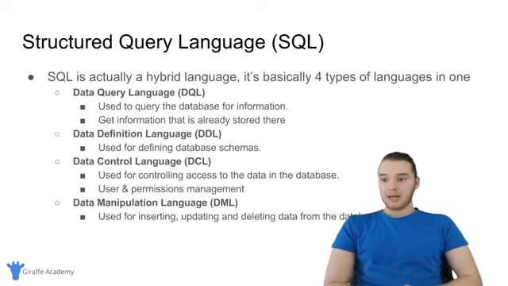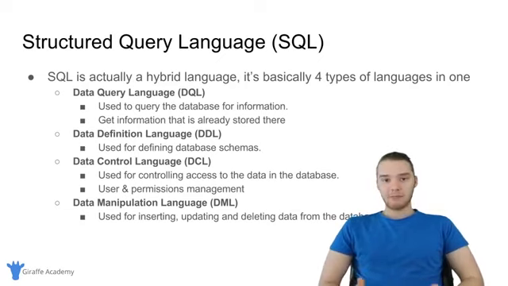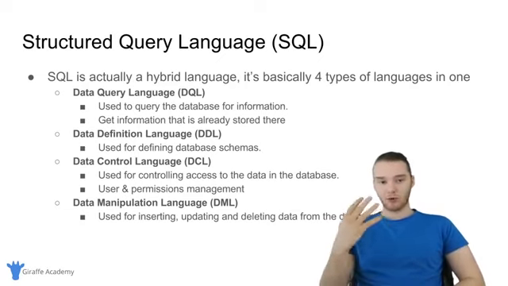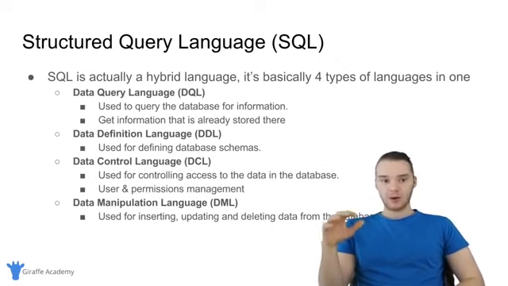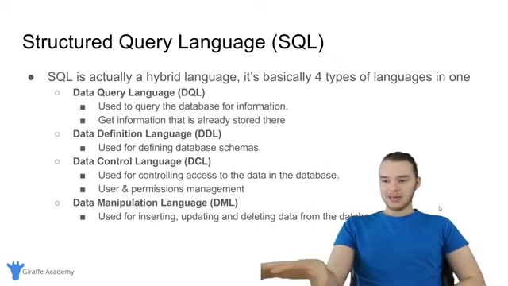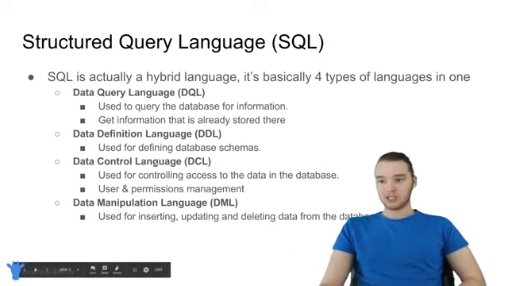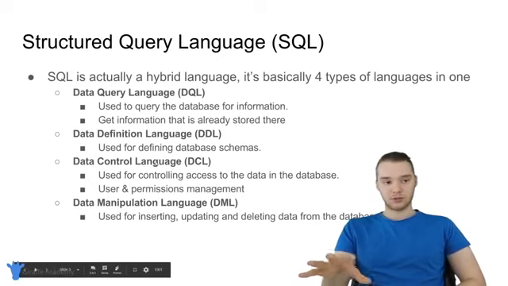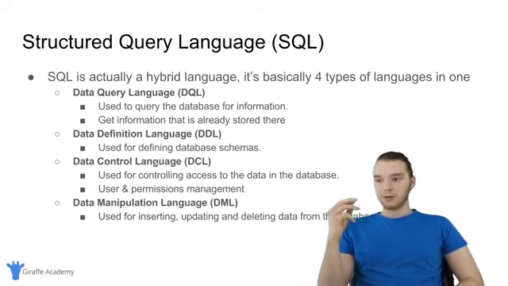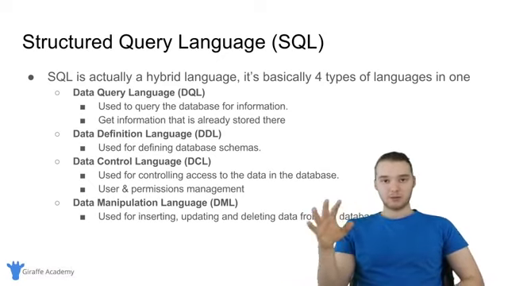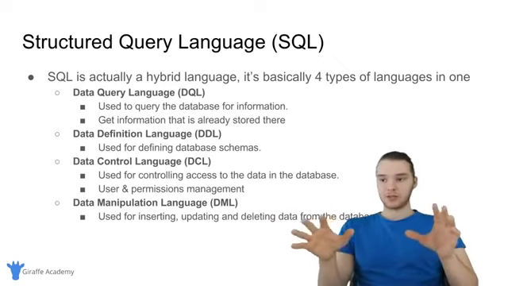So let's talk a little bit more about SQL. It's actually a hybrid language. So it's basically 4 types of languages in one. And you don't need to worry too much about all of this, but you are going to hear people talking about these different aspects of SQL, and so I want to introduce them to you so you understand what they are. So SQL, like I said, is 4 types of languages all mashed into one single language.